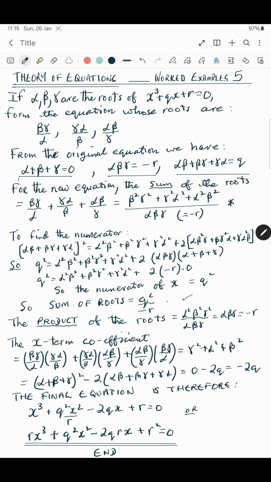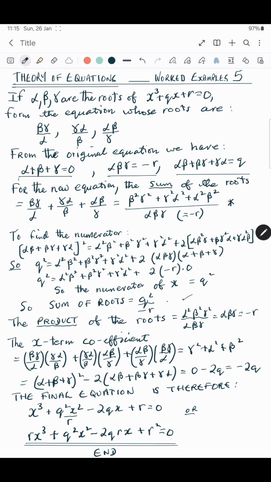And then we want the coefficient of the x term, which will be the roots multiplied together in pairs and then added. And so that will be beta gamma over alpha times gamma alpha over beta, plus gamma alpha over beta times alpha beta over gamma, plus alpha beta over gamma times beta gamma over alpha.